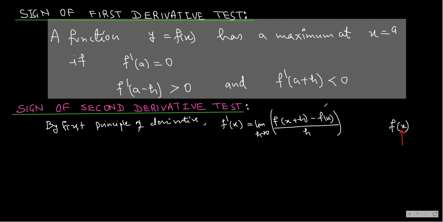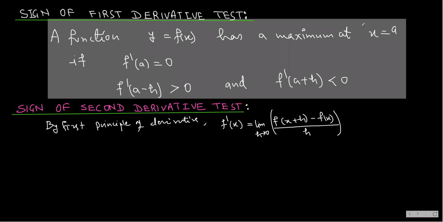Then you subtract the original value, that is f of x. So f of x plus h minus f of x, and then you divide the whole thing by the increment in x, and you find out the limiting value of that when h tends to 0, right? That is, the increment tends to 0. This way you get the derivative of f of x.